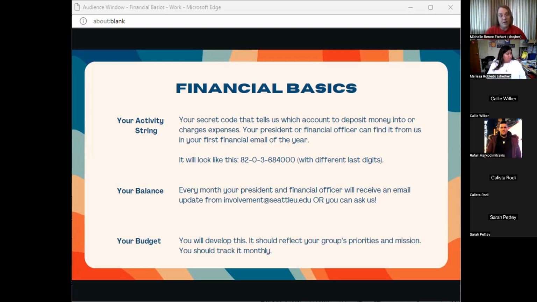You should be keeping track of your expenses. And you should also be keeping track of your budget. So you are in charge of your budget for the year. You should be talking with your fellow officers, or however your bylaws and governing documents tell you to make these decisions, over the course of the year. Do we have expenses? You know, Alpha Kappa Psi, we were just talking about.